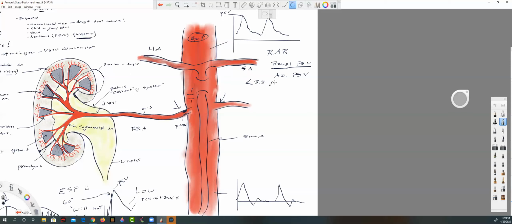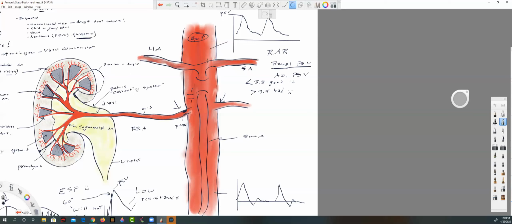That is good. Greater than 3.5 is bad. I hope that makes sense.